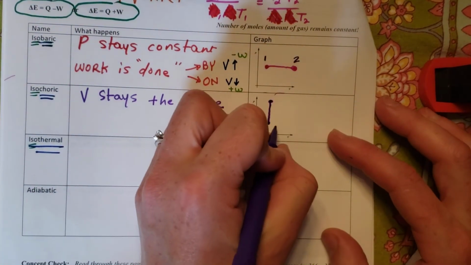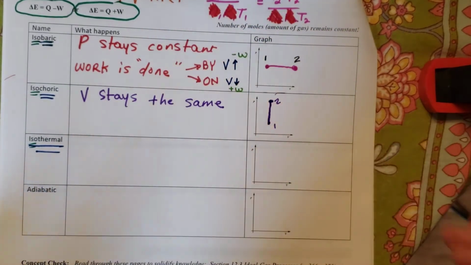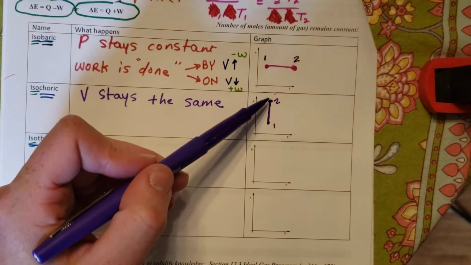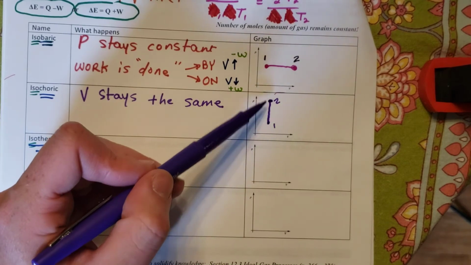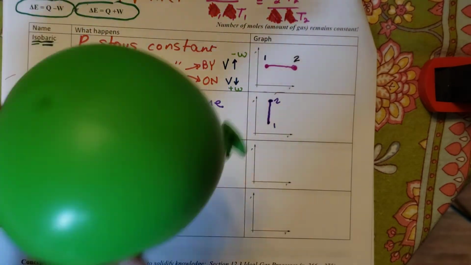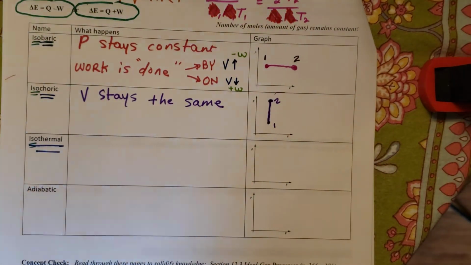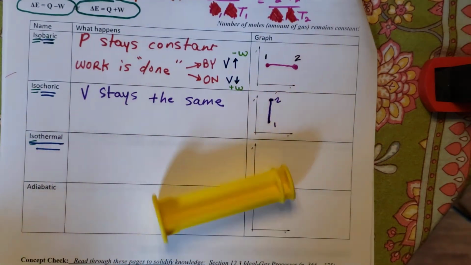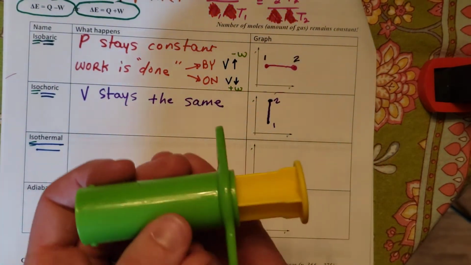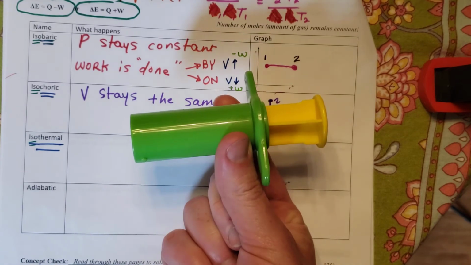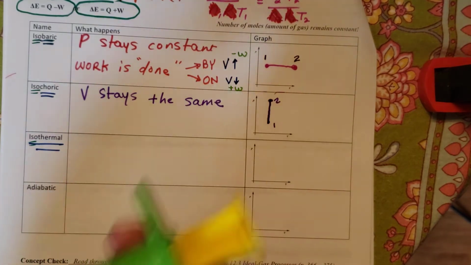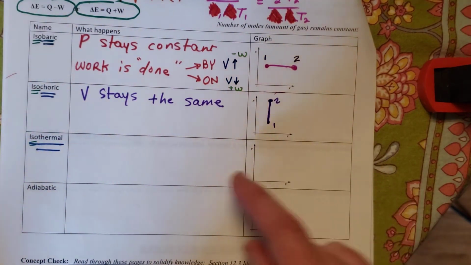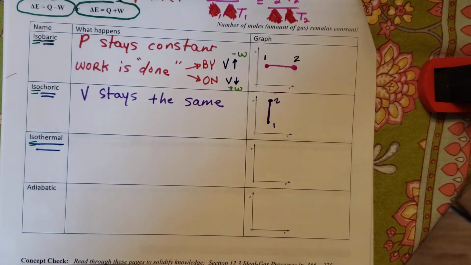And let's label this as a 1 and this as a 2. Now again, we could be going from 1 to 2, telling me that the pressure is increasing, although the volume never changes. Or we could be going from 2 to 1, telling me that the pressure decreases, although the volume never changes.